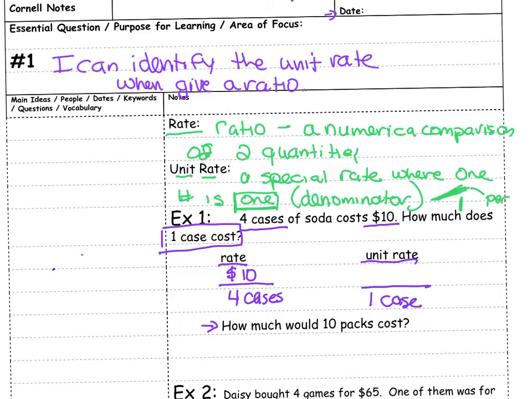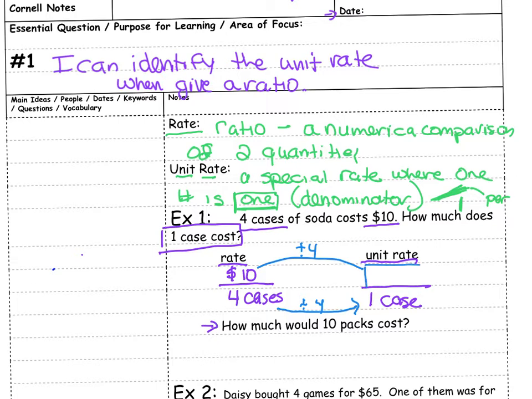So you have to think to yourself, what would I have to multiply or divide by? So it's equivalent. It's just going back to what we did in the last unit, equivalent ratios. So 4 divided by 4 is 1, and 10 divided by 4 is what?